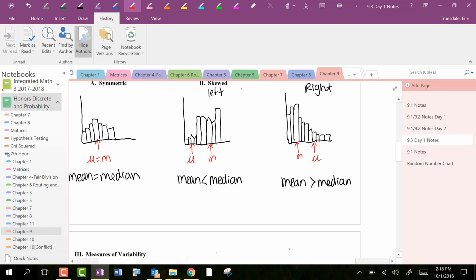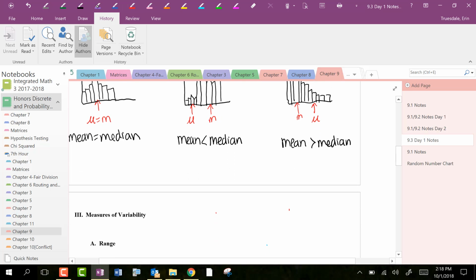That would make it skewed right. So I just always think of skewed left, all the data's on the right; skewed right, all the data's on the left. Again, this is very vocab heavy today, but most of it you probably have heard already.